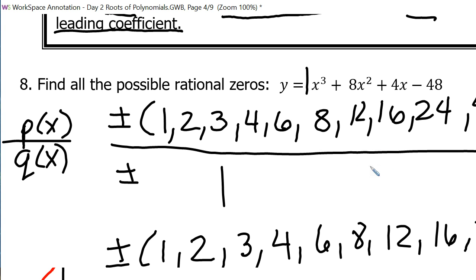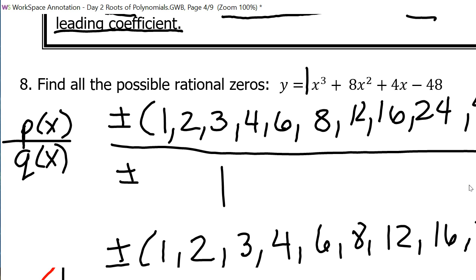So you actually do have to divide them. Sometimes, well, most of the time, you're not always going to have a 1 on the bottom. It might be a 2. So my factors would be plus or minus 1/2, plus or minus 1, plus or minus 3/2, plus or minus 2, etc., etc. So it's not always a 1 in the denominator.